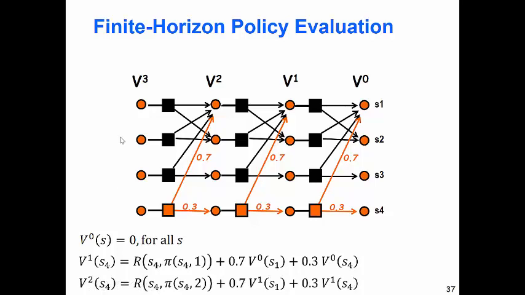So this is a very simple procedure, and we talked about the computational complexity of it. Basically, you've got to do capital H iterations, where H is the horizon time, right? 1, 2, 3 in this case. And for each iteration, you're going to have to go through all the states. That was n, the number of states.